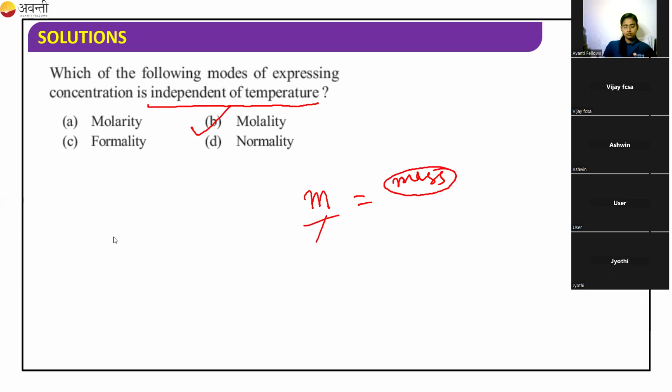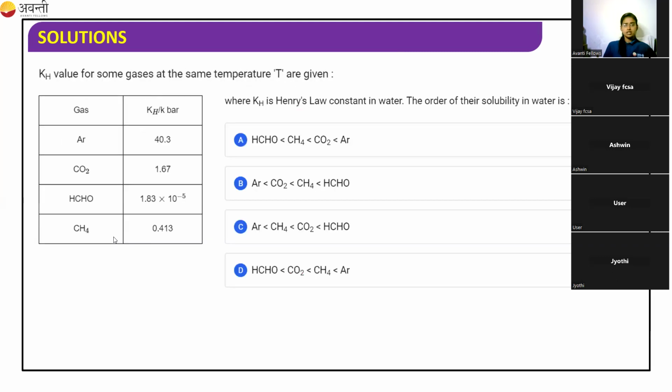Now coming to the next question. The KH value for some gases at the same temperature T are given, where KH is the Henry's law constant in water. The order of their solubility in water is? So KH value is given and we have to find out the order of their solubility.